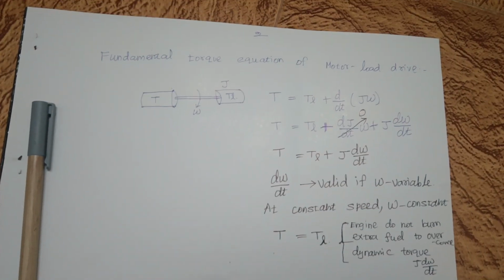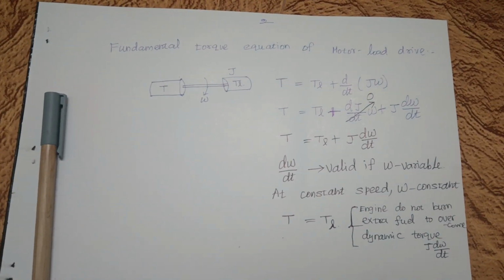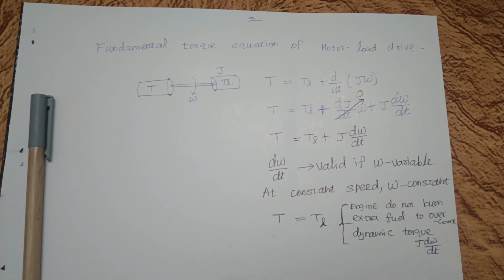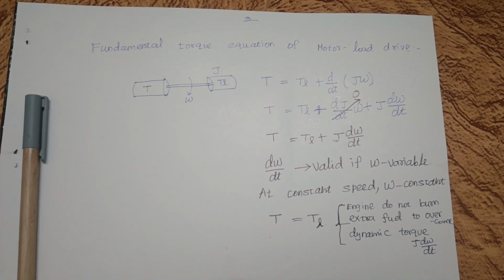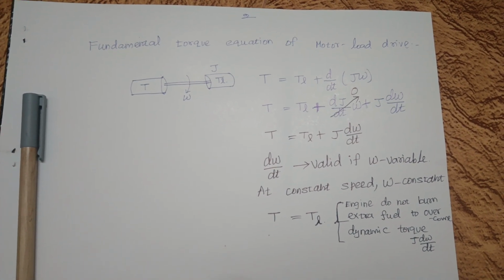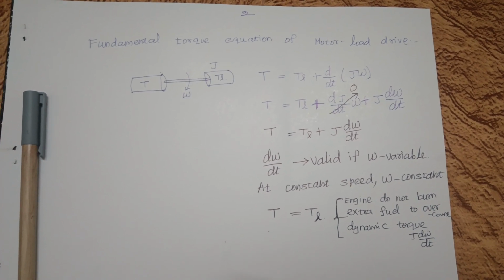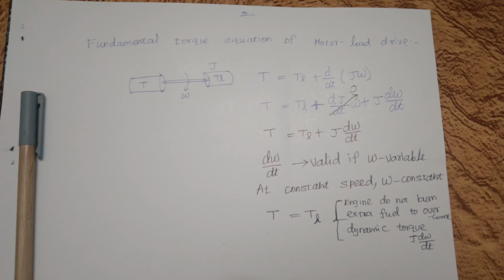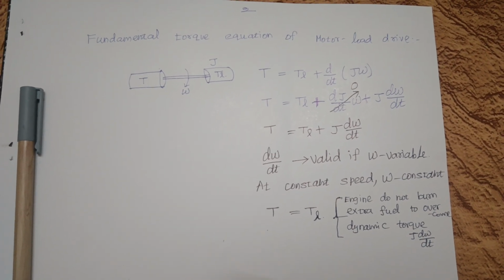But for any drive system, moment of inertia remains constant, so that component becomes 0. You can write motoring torque T is equal to load torque plus J into d omega by dt, in which TL is the load torque and J into d omega by dt is nothing but dynamic torque, in which omega is the angular velocity or speed.